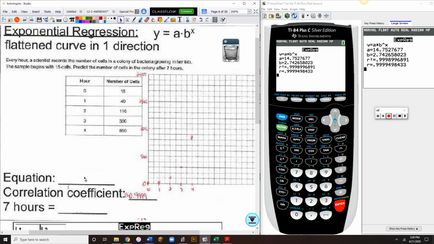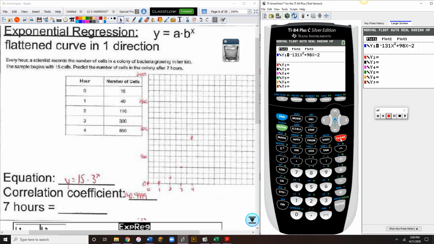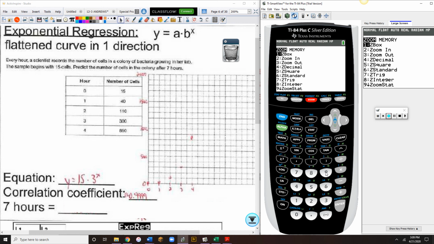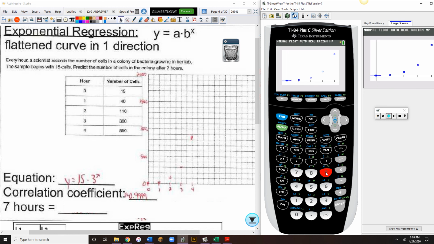Now for the equation, y equals 15 times 3 to the x. Now that's rounded, and I kind of want to show you something. We're going to talk about rounding and how rounding affects your graph. So we rounded these numbers to whole numbers, and if I now hit zoom 9, it's going to show me my data and my equation.